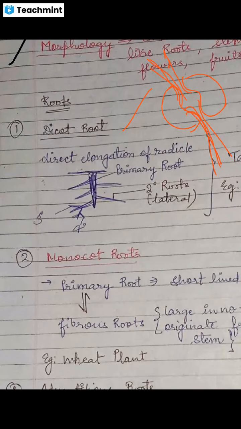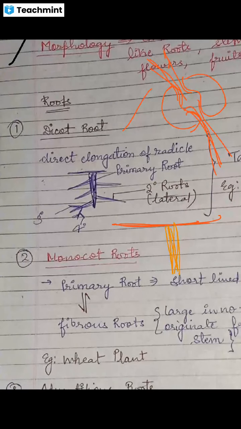Now, in the dicot, the root has a direct elongation from the radicle. Firstly, it forms the primary root. If this is the surface, here we have the primary root first.